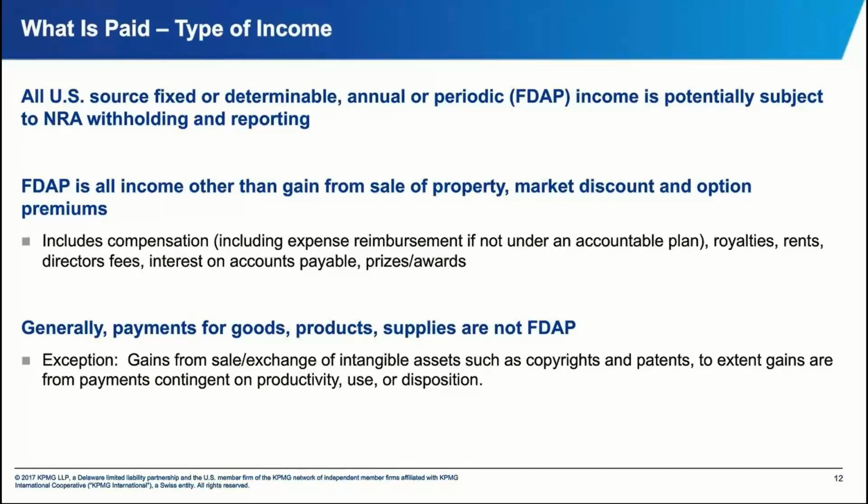If it's the sale of an intellectual property right, an IP right, and the sales price is contingent on future use, those payments, instead of being treated as sales proceeds, which would not be covered by these rules, are actually going to be taxed as a royalty. And so you would withhold 30% unless there was a royalty article in an applicable treaty that you could reduce the rate from.